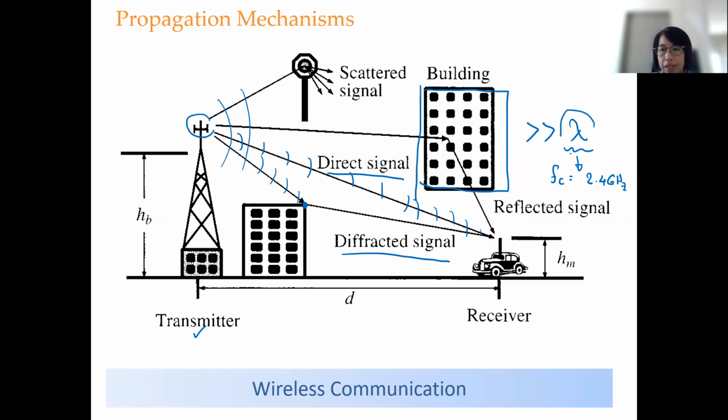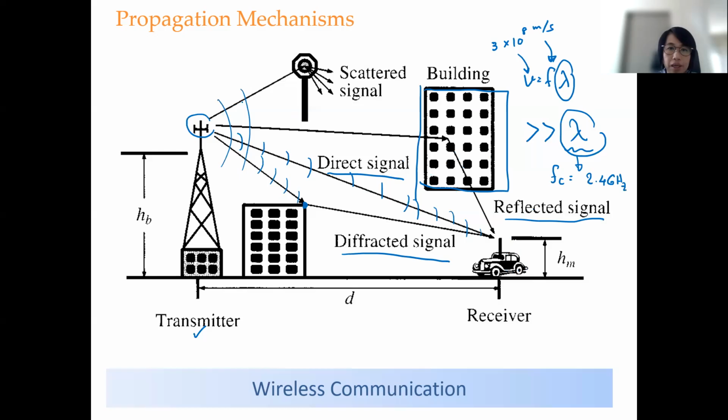Then you can calculate lambda from this frequency using this equation: if you know f, and the speed of light is a constant in meters per second, you can calculate lambda. In this case, it is called a reflected signal, and the receiver can receive the reflected signal.